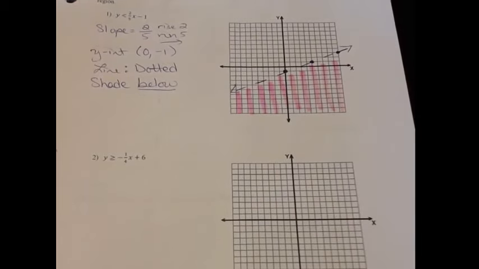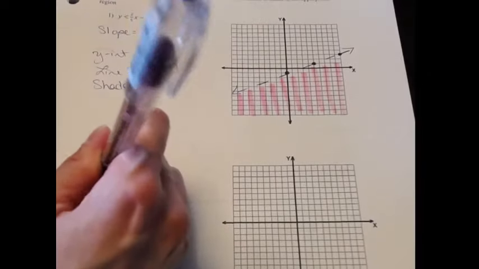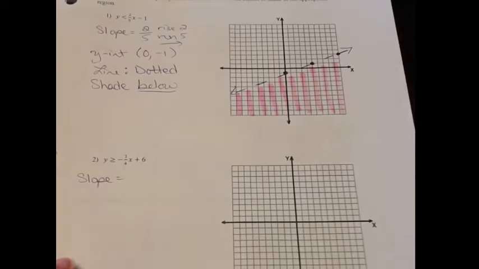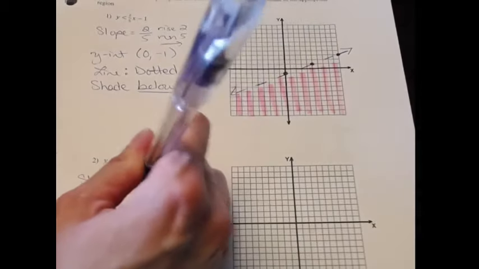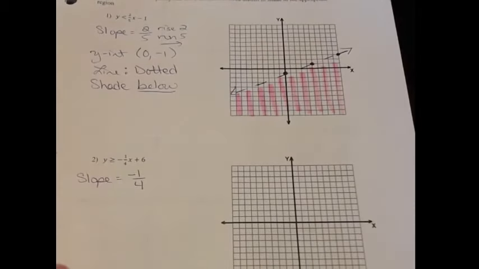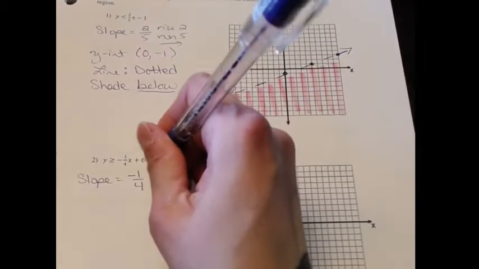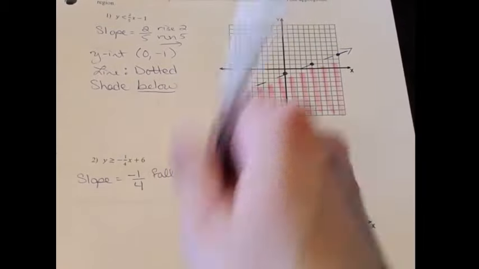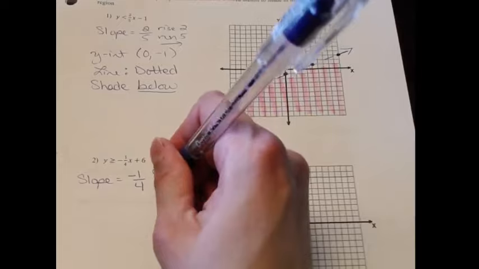Y is greater than or equal to -1/4 x plus 6. Let's go through the same flow. First thing, what is my slope? I'm hopeful that you all said -1/4. If you said the slope was -1/4, you mean that we are going to fall 1 because it's negative, and we will run 4.